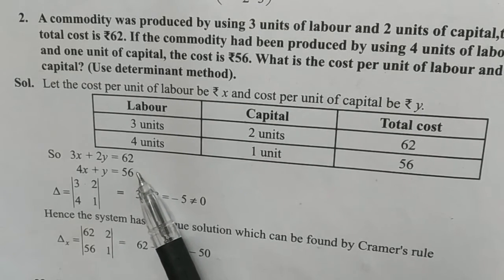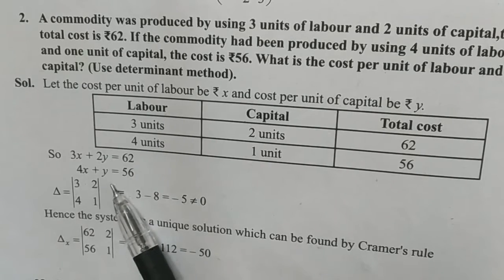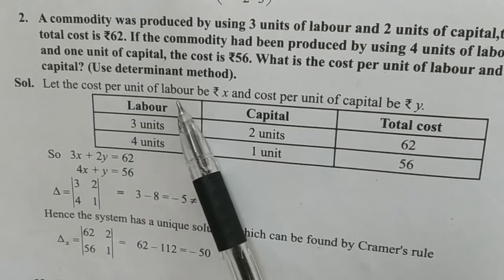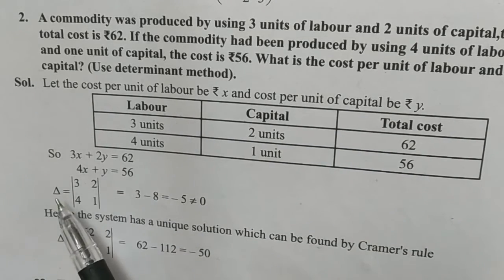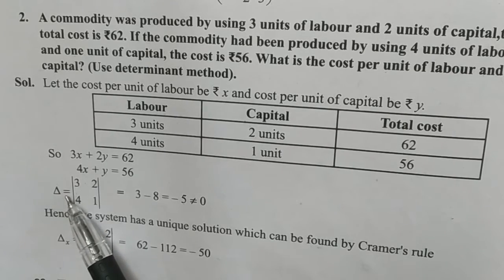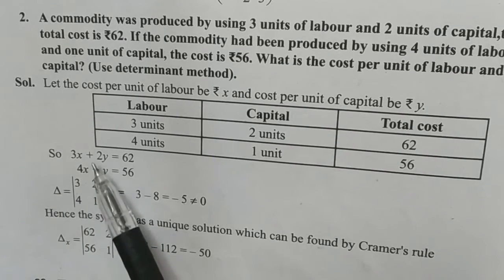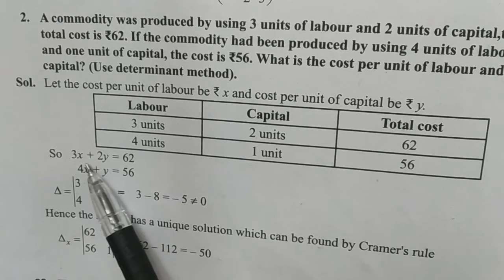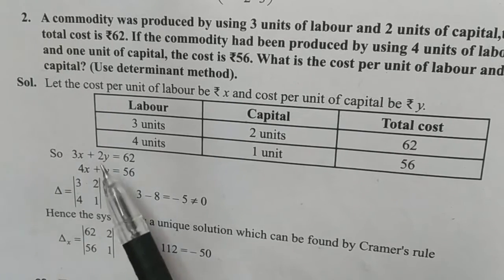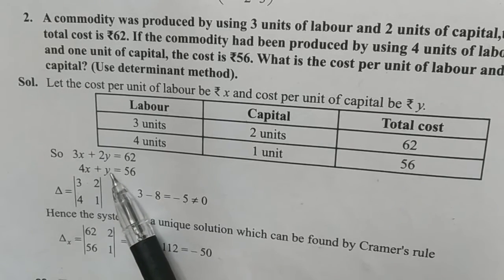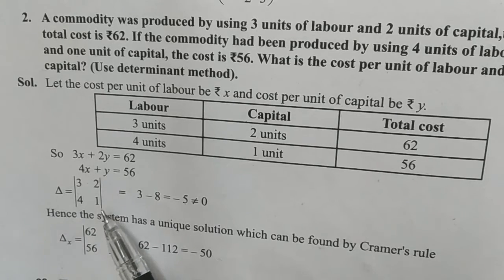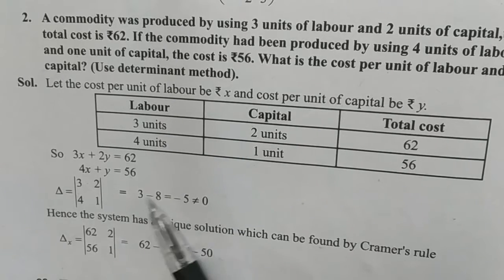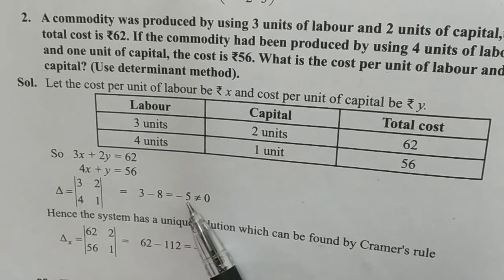Now, using the determinant method, we find the values of x and y, that is, the cost of the labor and the cost of the capital. So how do we find the delta value? Delta equals the determinant of the coefficients of x and y: 3, 2, 4, 1. 1 into 3 is 3, minus 4 twos are 8. 3 minus 8 equals minus 5.